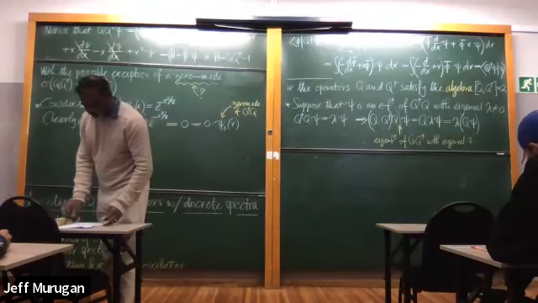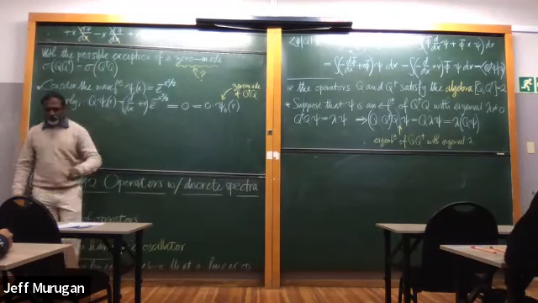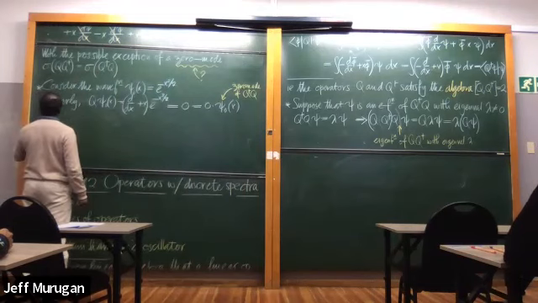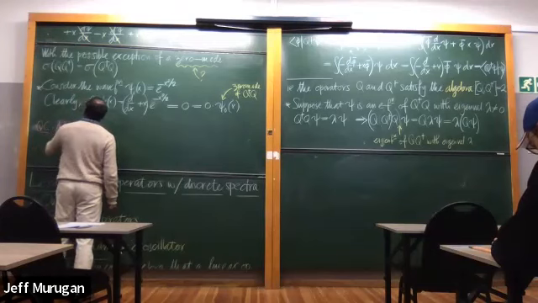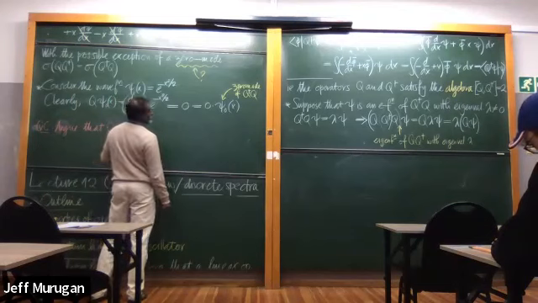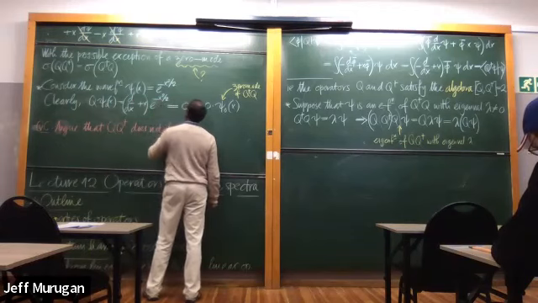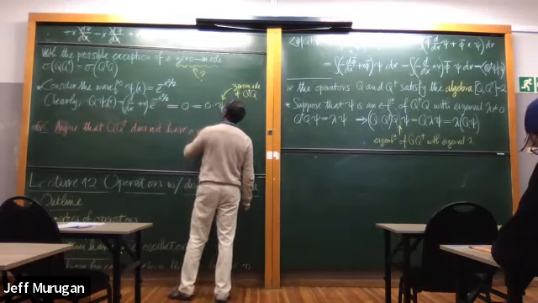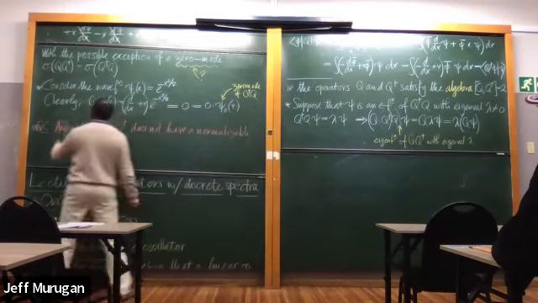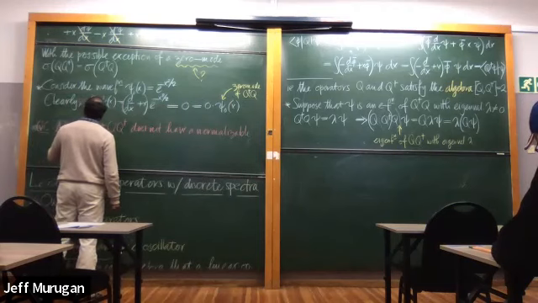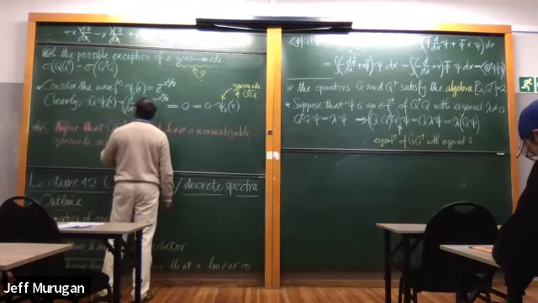However, I'm going to leave this as an exercise for you to show that the operator Q dagger does not have a normalizable zero mode on the set of square integrable functions on the real line.